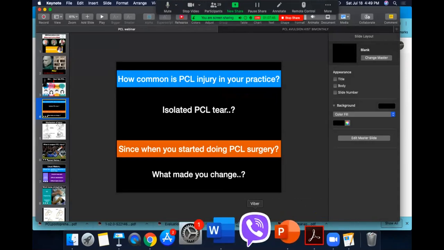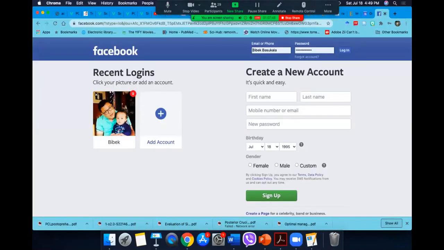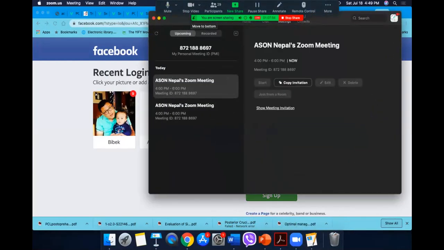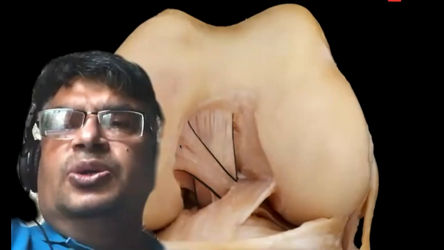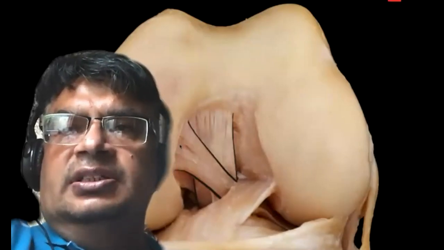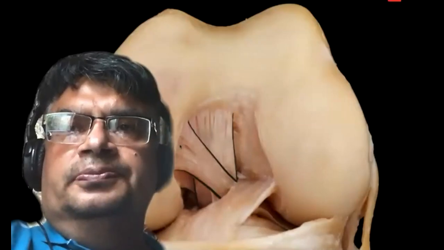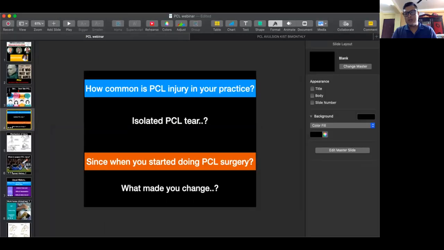Close the YouTube and run your Zoom. Now it's okay?